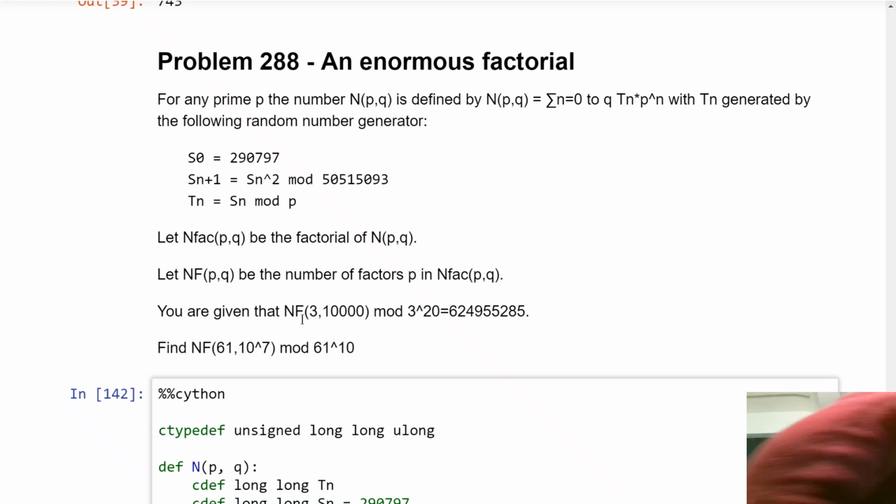So if I can write it, P to the power of n times, I guess, other factors, you mean this NF? NF, right? So NF is NF of 3 and 20 in this case.